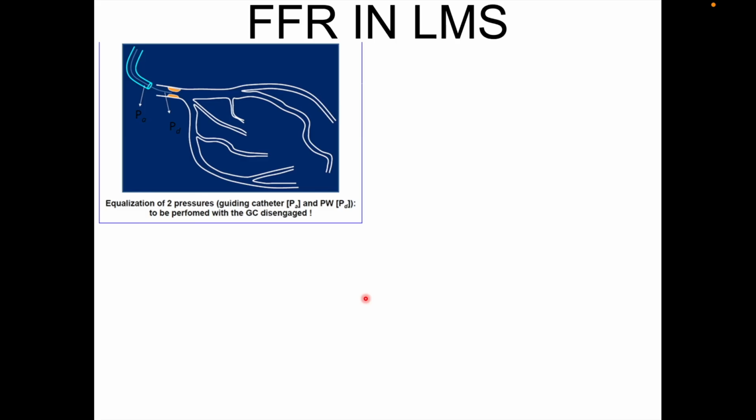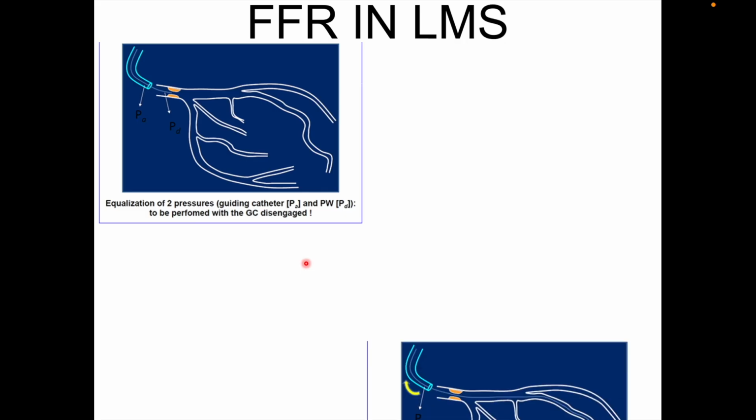So you can maybe keep the wire in the ascending aorta and do the normalization there and then take the wire back in. But whatever you do, your guide catheter should be disengaged, and when you do the measurement of the FFR distal in the LAD there, again at the time of FFR recording, your guide catheter should be kept disengaged.